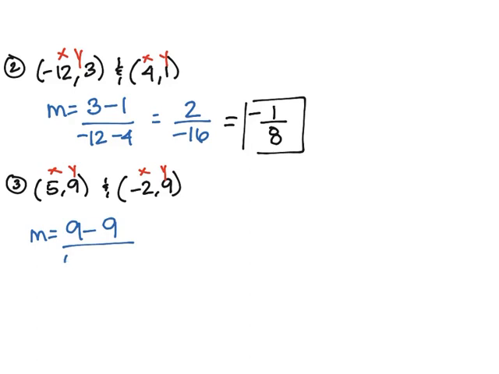Our x numbers would be 5 minus a -2, which we know that makes a plus. But I hope you see that 9 minus 9 on top is 0. And you should know that 0 on top of any fraction is 0. So the slope is 0. Granted, 5 plus 2 is 7. But when 0 is on top, then your answer is 0.